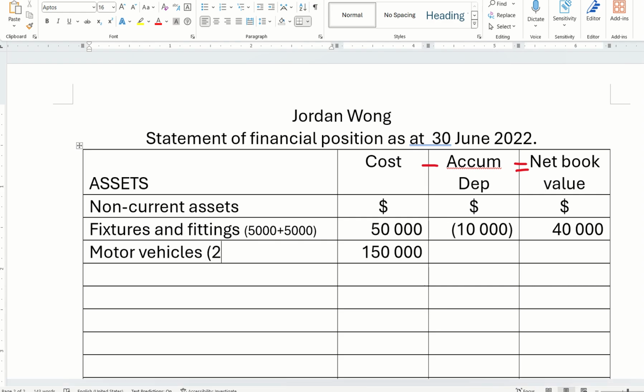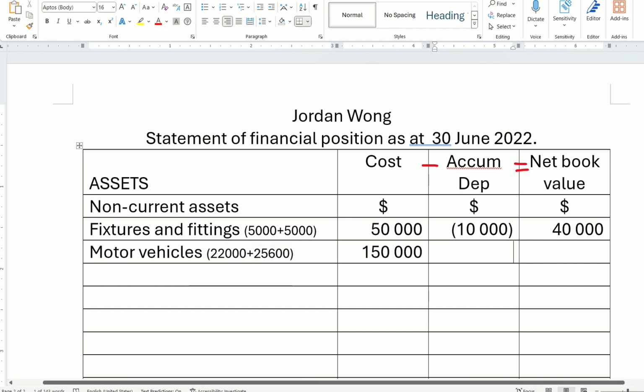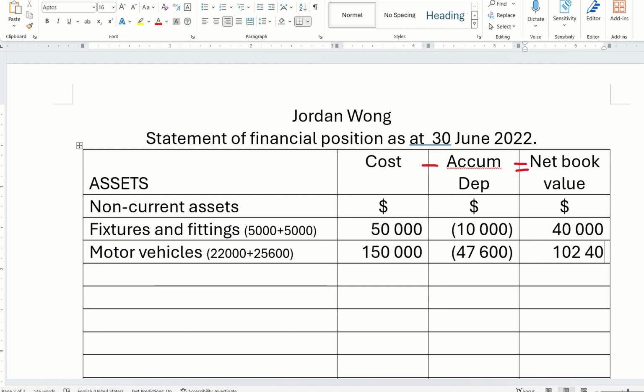Remember to show the working. 22,000 plus 25,600, which will give you 47,600. And after I deduct that away, I will get 102,400.